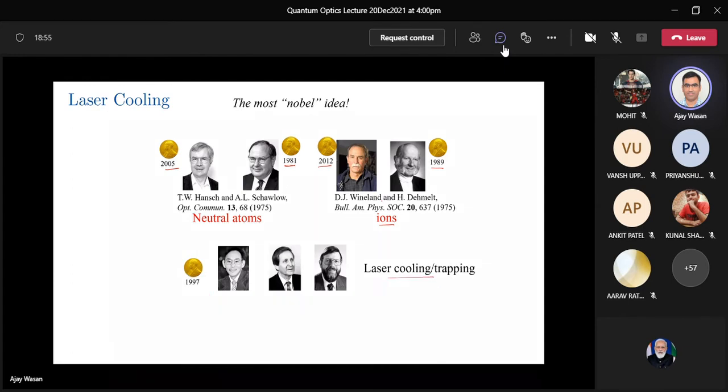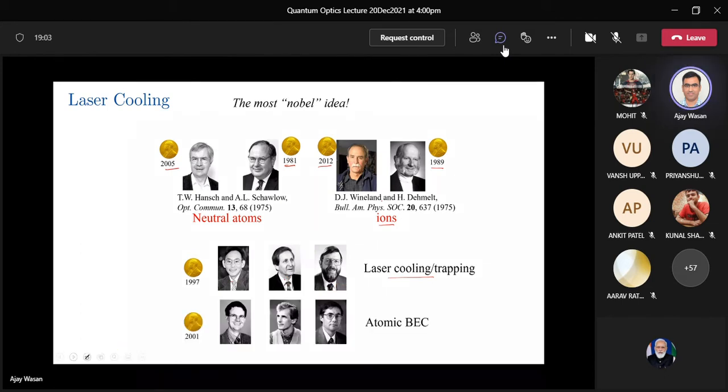Then laser cooling: Steven Chu, Cohen-Tannoudji, and I'm forgetting the third name, in 1997. And Eric Cornell, Ketterle, Wieman in 2001, when atomic BEC was made. So work started in 1924; cooling happened a little before 1997, I think by 1985. It took many years, but the Nobel Prize was given when applications started coming.